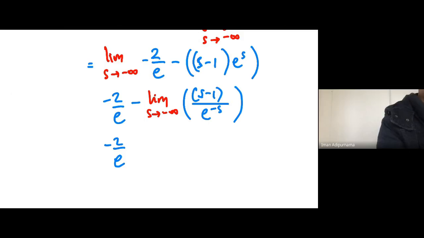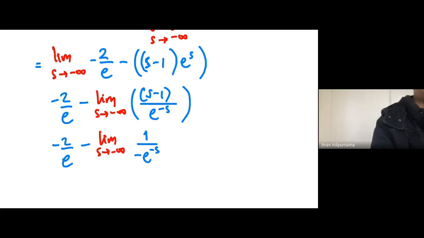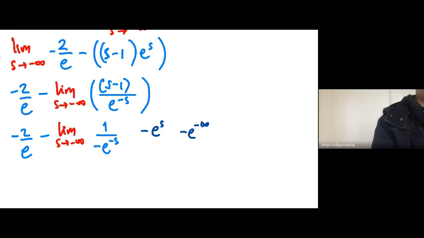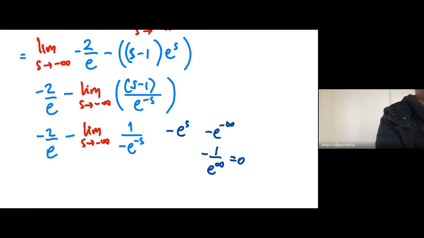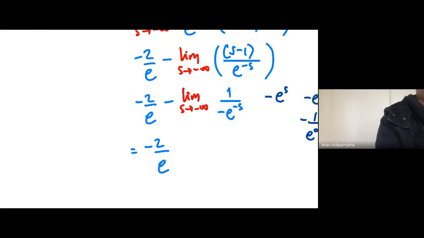So negative 2 over e minus, this will be 1 over negative e^(negative s), which goes to 0. Okay, 0. So the solution is negative 2 over e and it's convergent.